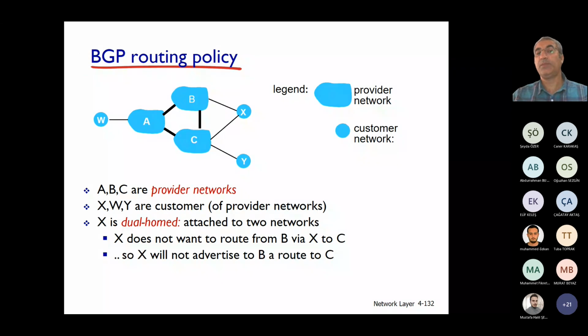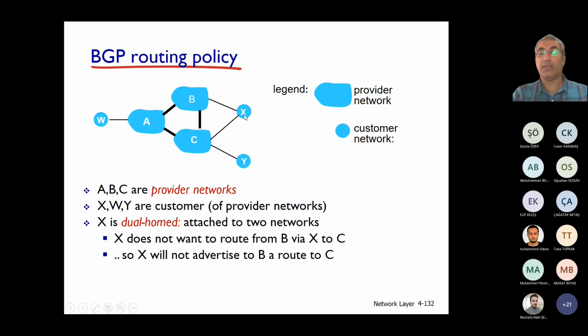So we said that BGP is based on policy. Let's look at the routing policy. In this network, we have 3 internet service provider networks, A, B, C. And then we have 3 customers, X, W, Y. So X is dual-homed.